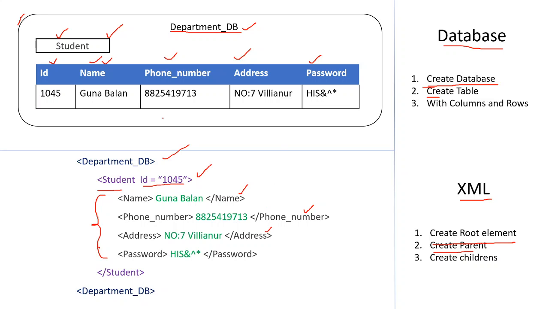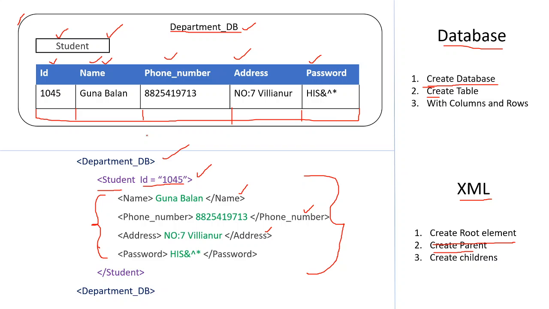In this table, if you want to add another row, what will you do? You will extend this and create another row, whereas in XML you have to repeat this once again.